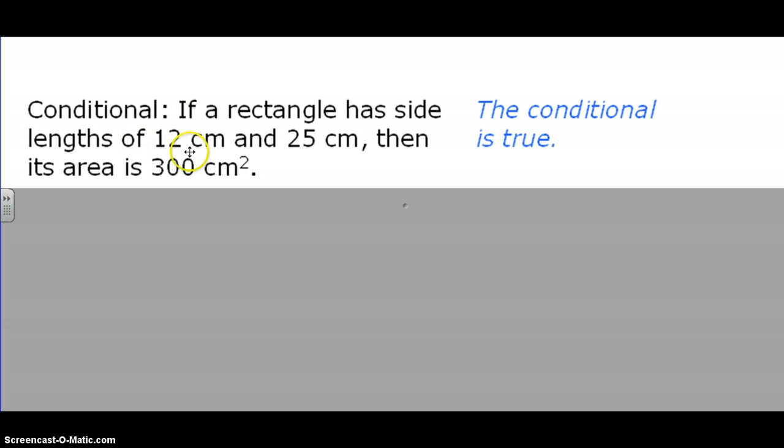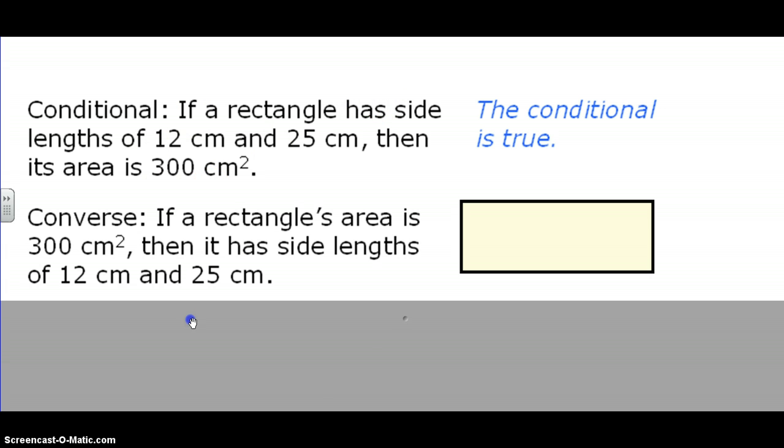Looking at the conditional now, we can make the converse, right? If a rectangle has an area of 300 centimeters squared, then it has side lengths of 12 and 25 centimeters, right? So, is that true? If a rectangle's area is 300, are the side lengths always 12 and 25?